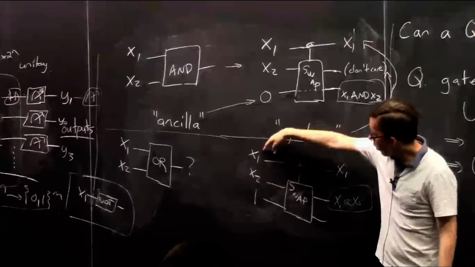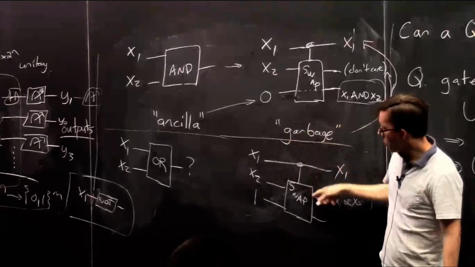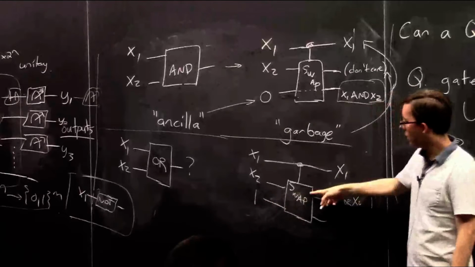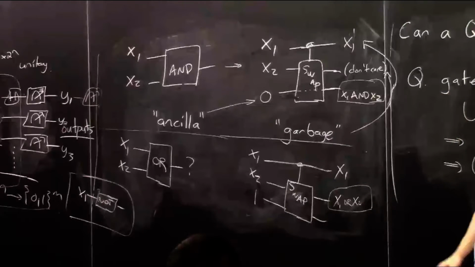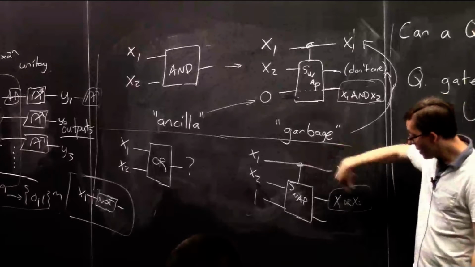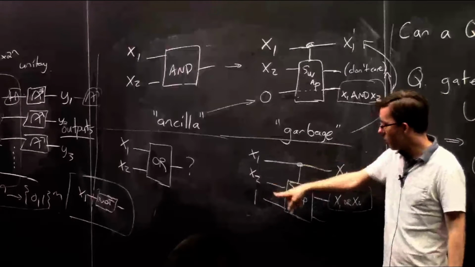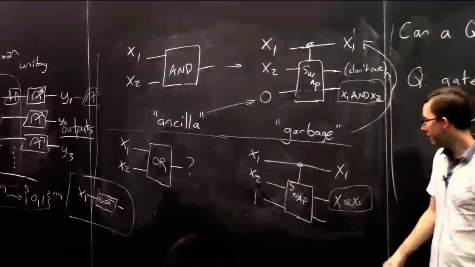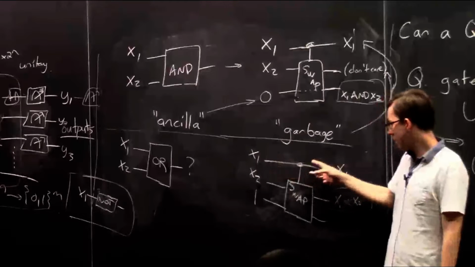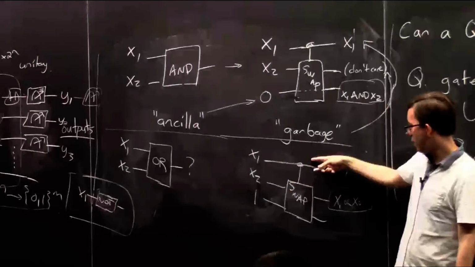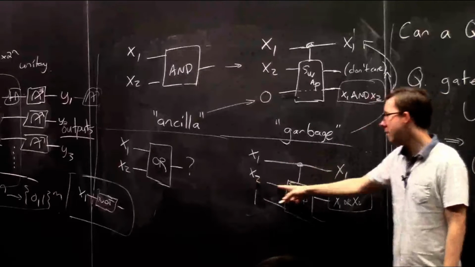If x1 is 1, then you definitely swap, and this 1 you stuck in here goes up here and comes out. So that's good. If x1 is 1, you output 1. And if x1 is 0, you still output 1 if x2 is 1, because you don't swap. The only way you get a 0 output is if they're both 0. Then you don't swap, and this 0 just passes through.